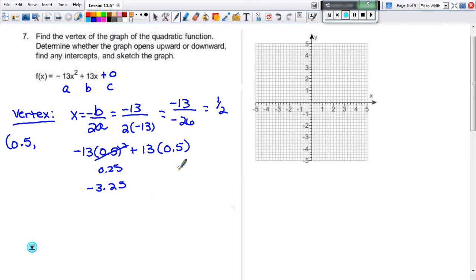And then 13 times 0.5 is 6.5. So then you put those together and you get 3.25. Wow, this one's not going to be fun to graph. That's okay. Okay, because a is negative, it opens down.